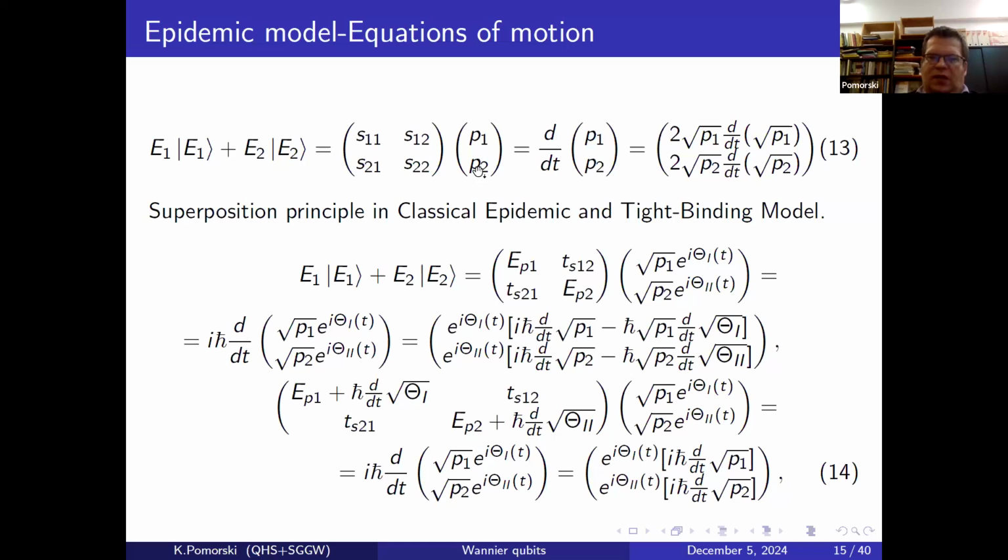What I'm saying is, from the epidemic model, you can arrive at the Schrödinger equation, at this tight binding equation which I'm describing, back and forth. One of my papers in Elsevier on that is almost 50 pages in length and describes this procedure in greater detail.